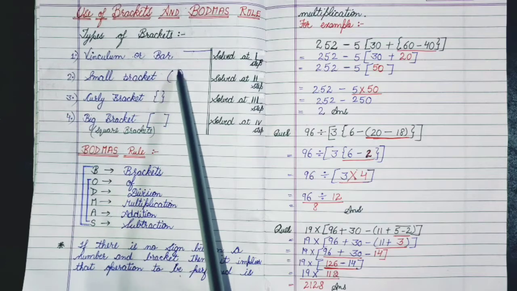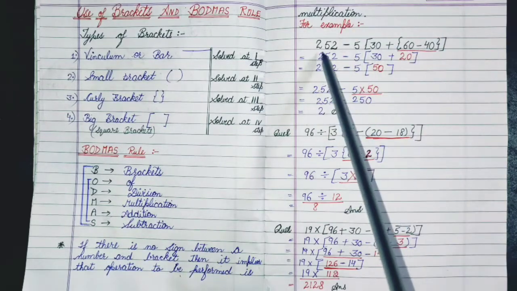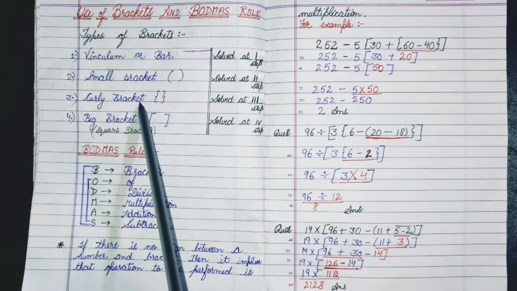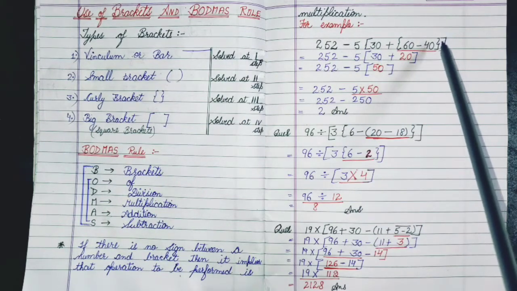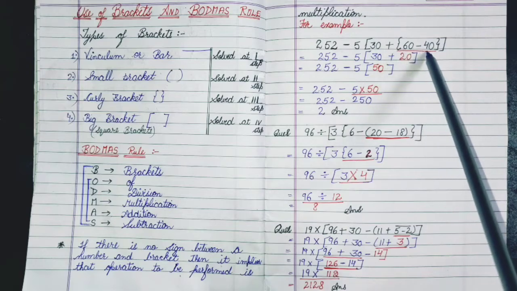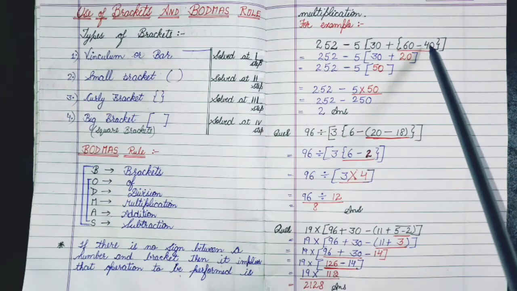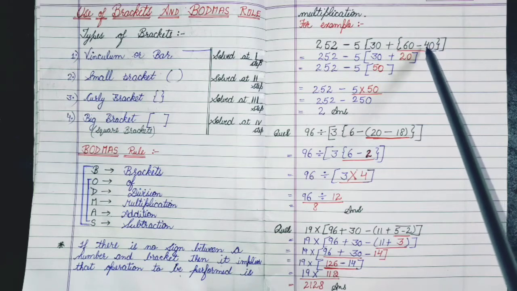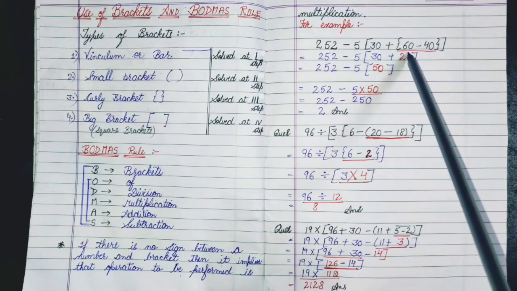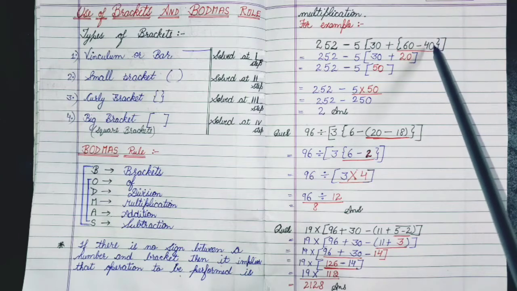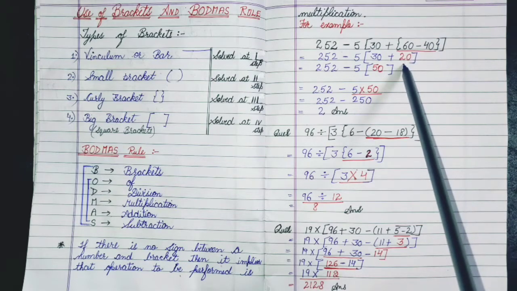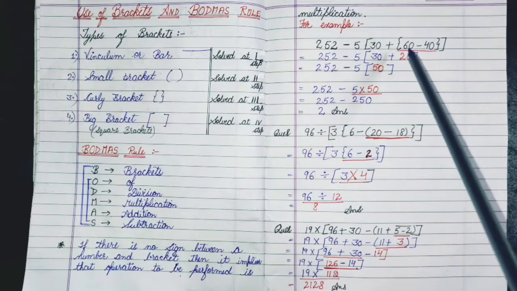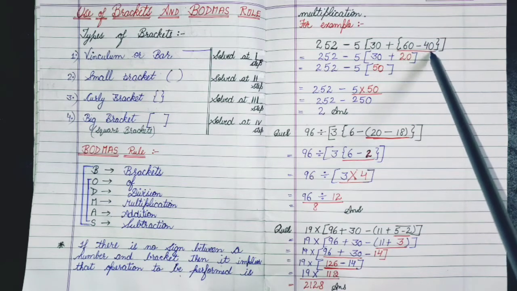The small bracket. Is there any small bracket in the question? No. Then we will go to the curly bracket. Is there any curly bracket? Yes, I can see this curly bracket. So first of all we have to solve this curly bracket. I have underlined it. I always do questions like this so that we never do the calculation wrong. Yes, 60 minus 40.